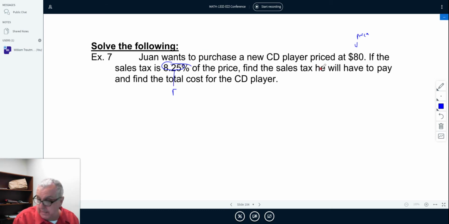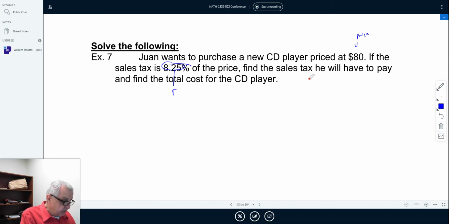Find the actual sales tax. So I'm looking for a formula somewhere on here. Maybe the simple interest formula. Juan wants to purchase a new CD player. Okay, so we're looking for just the sales tax.